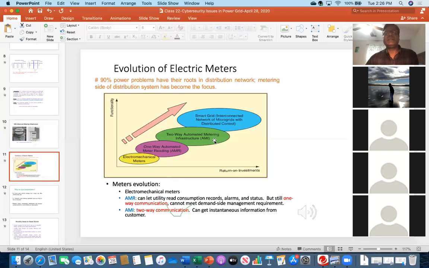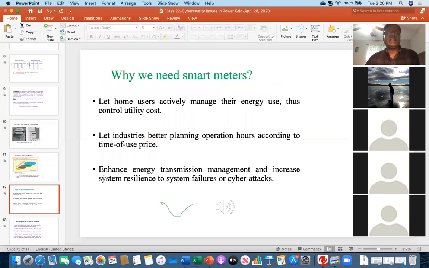But AMI, this green colored one, provides two-way communication because it can get instantaneous information from the customer. This means that both the distributor, the utility, and the customers will benefit. Now, once again in summary form, why do we need smart meters?